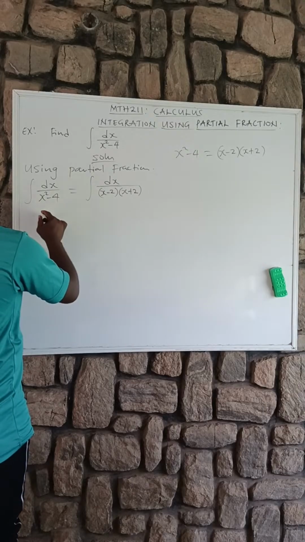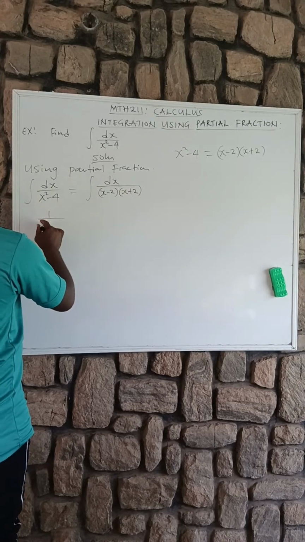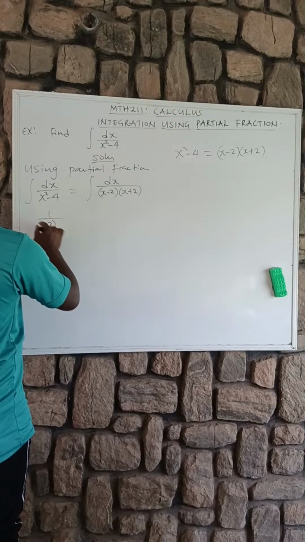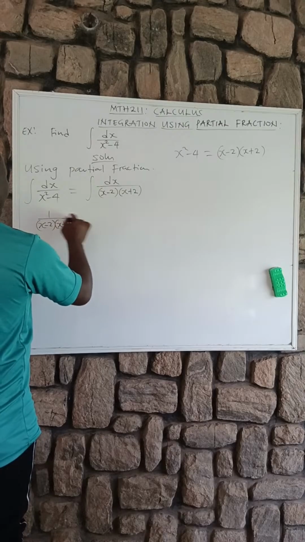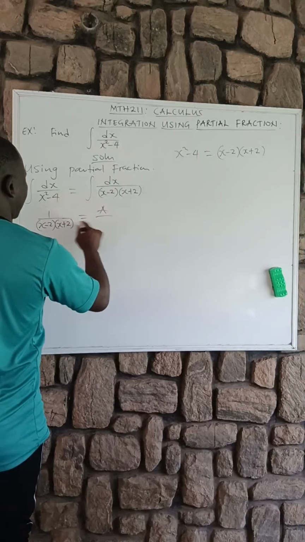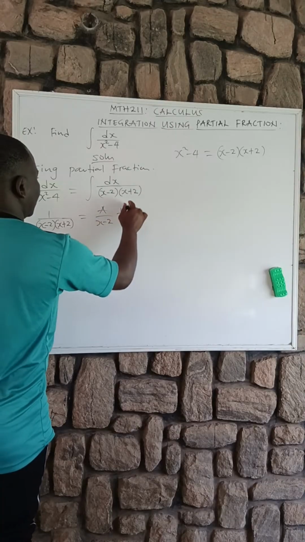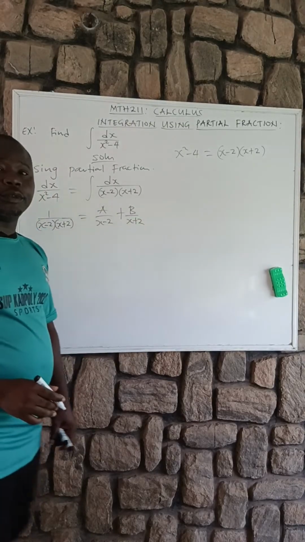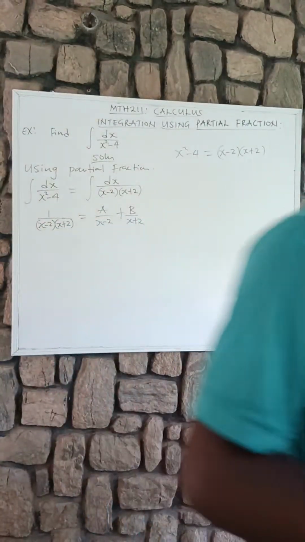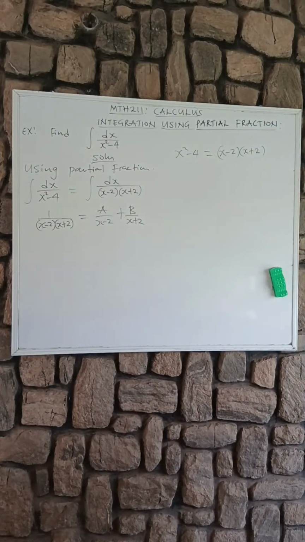So here we can now say 1 all over x minus 2 times x plus 2 equals A all over x minus 2 plus B all over x plus 2. We are using partial fraction to integrate this function. So you have to listen very carefully because you will see this in your exam. Take notes.